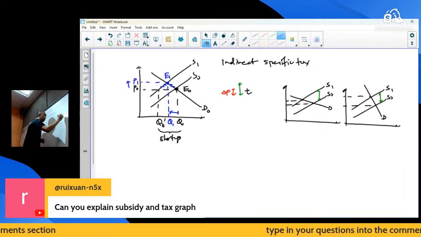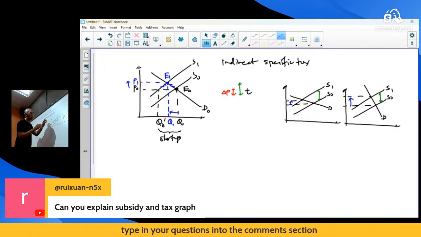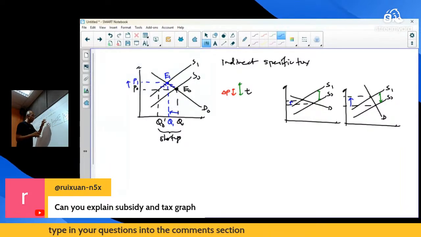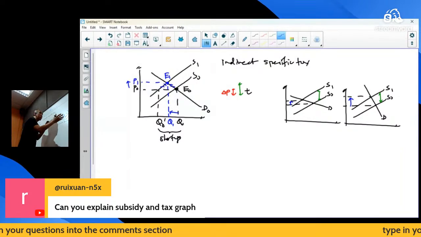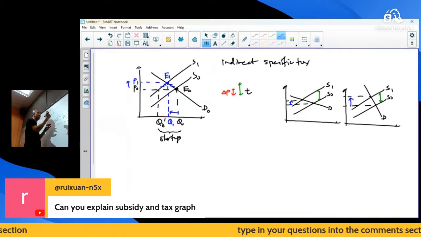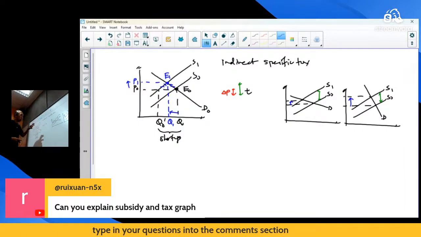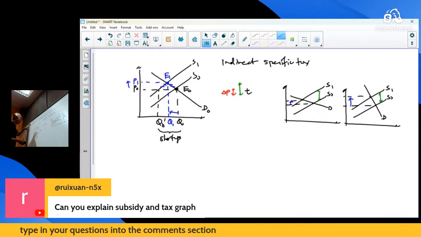The price increase is a lot bigger for the demand that is price inelastic, and the price increase is a lot smaller for the demand that is price elastic. So this shows the different extent to which the firm can pass on the higher taxes to the consumers in terms of higher prices. So this is the tax diagram.